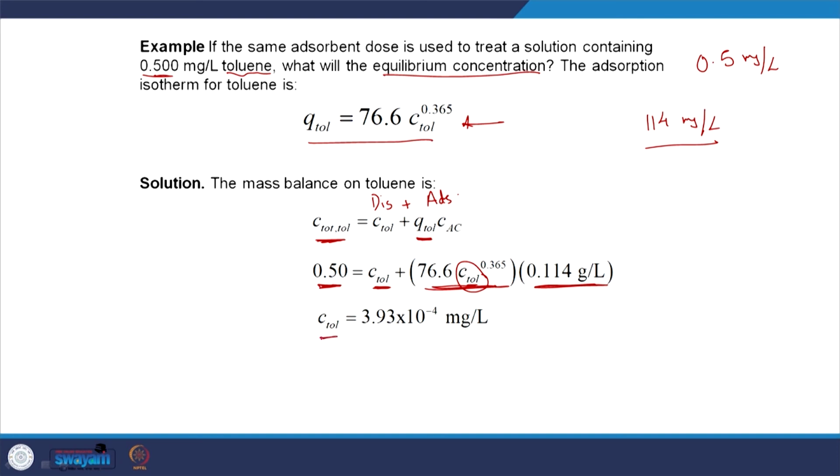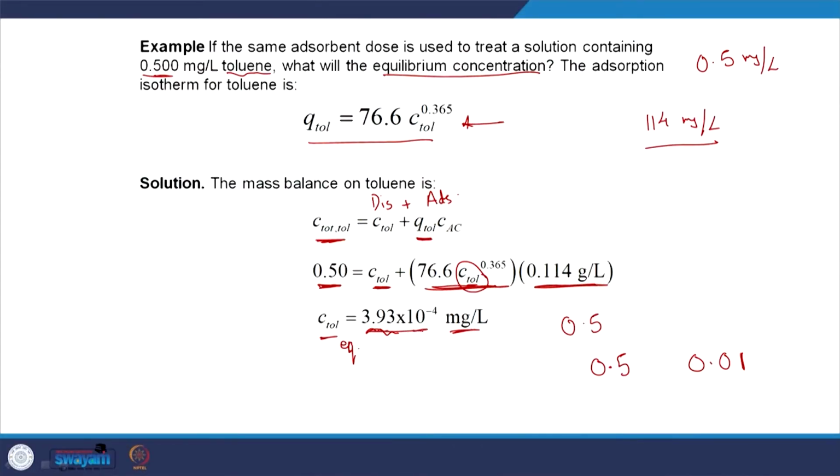So, from that I get the concentration of toluene at equilibrium, or the final, to be 3.93 into 10 power minus 4 milligram per liter at the same dose, initial one was 0.5. But for benzene you saw that even though initial was 0.5, the final was only 0.01. So, you see that toluene seems to be relatively more hydrophobic than benzene, and thus it wants to leave the water and will be strongly adsorbed onto your particular activated carbon. So, that is one aspect to note here.